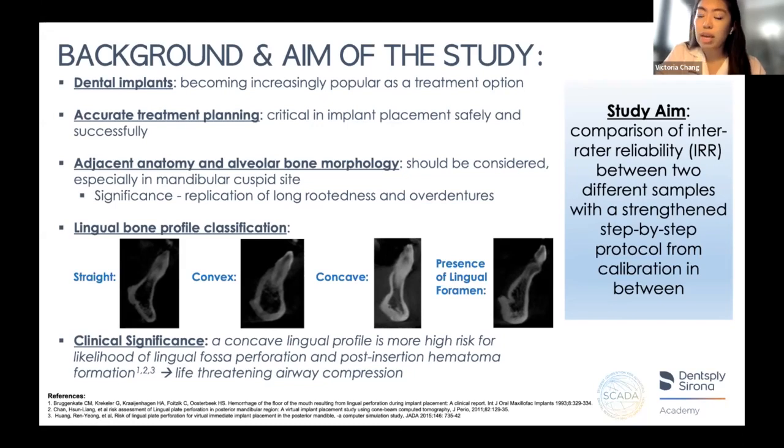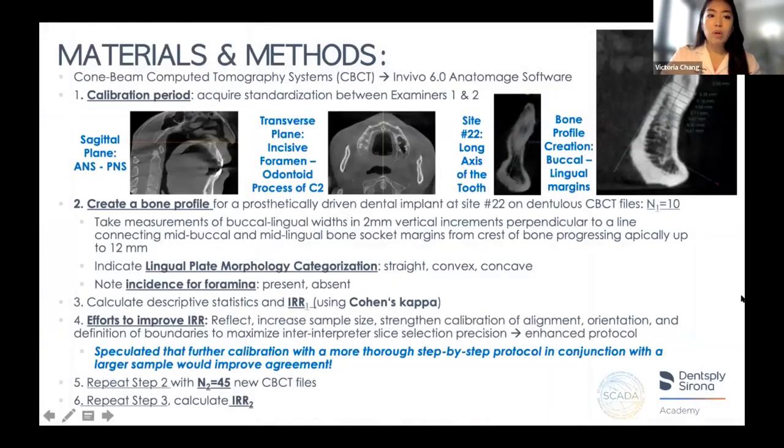So to share our study aim, our group aimed to compare the inter-rater reliability between 2 different samples using a strengthened step-by-step protocol from our calibration in between the 2 periods, in between the 2 samples. So to outline our materials and methods, we were analyzing cone beam computed tomography, CBCT scans, using the InVivo 6 Anatomage software.